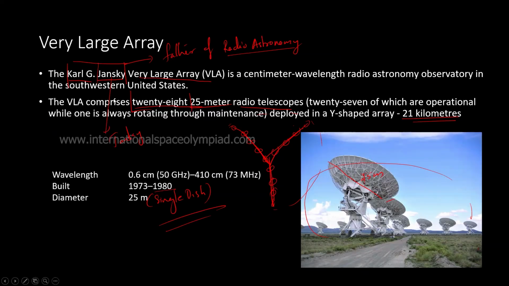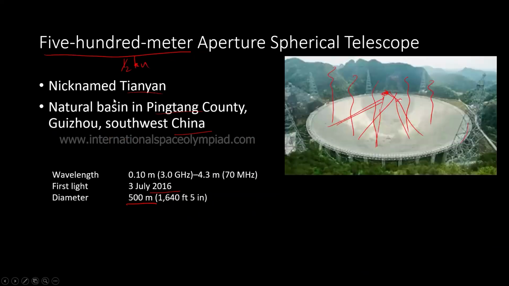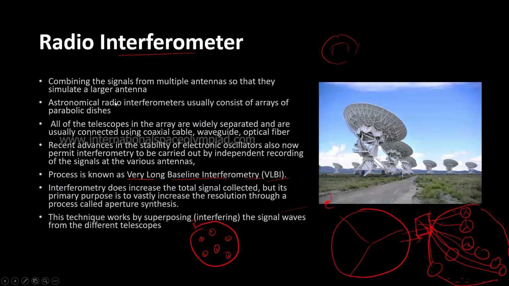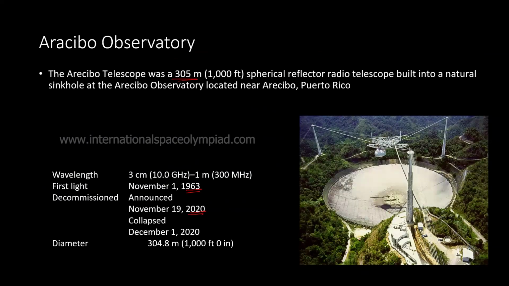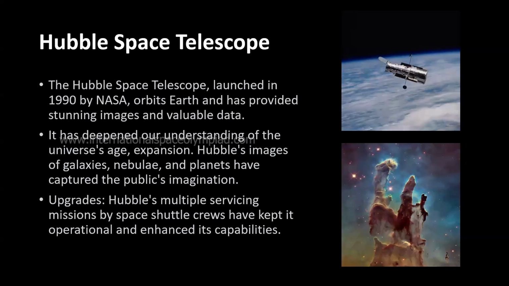So that was about radio. Now, radio telescopes are always on the ground because almost all radio waves are received on the Earth's surface, so there is no need to go above the atmosphere. But other telescopes, like the Hubble Space Telescope, orbit around Earth.